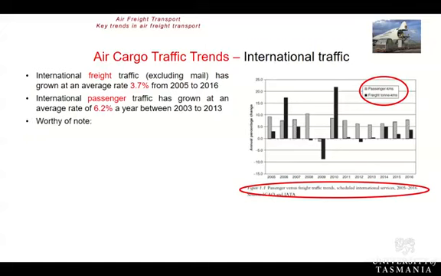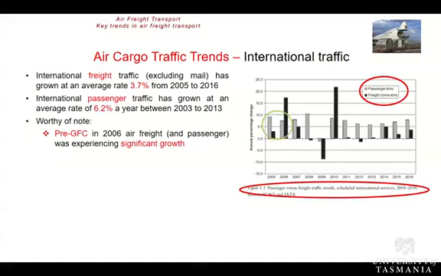Some of the other takeouts from this particular slide are that as a lead up to the global financial crisis, you can note there that in 2006, the growth rate for air cargo was over 15%. So it was performing really well, as was passenger growth rates at that particular point in time.